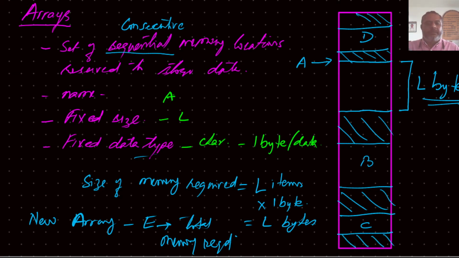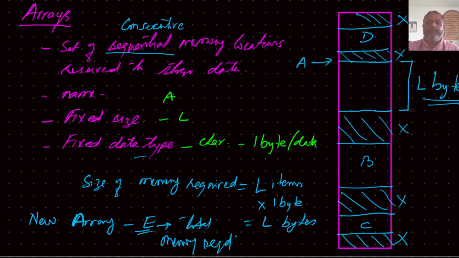So if this new array has a very big requirement, then it will not be accommodated in this, may not even be accommodated here, or here. So even if so much memory is still free, when you look at the details, how much memory is occupied and how much is free, you will find the size of the free memory is much more than what was required.